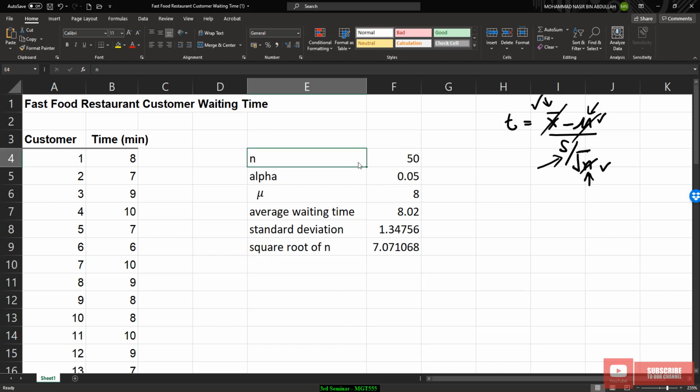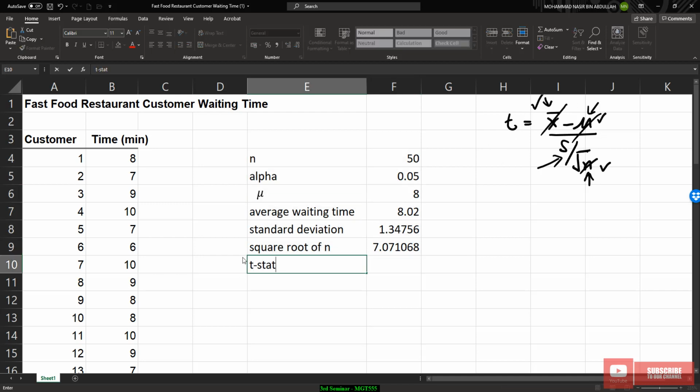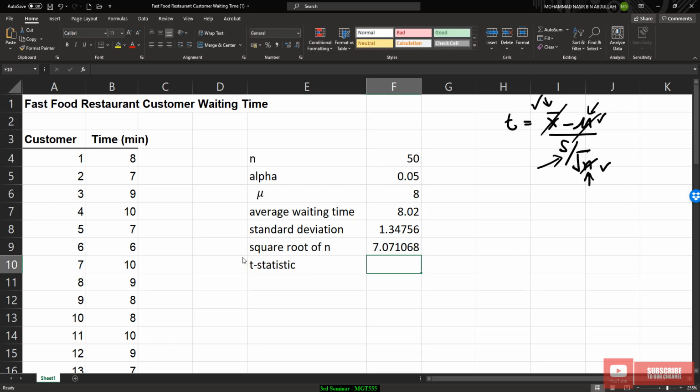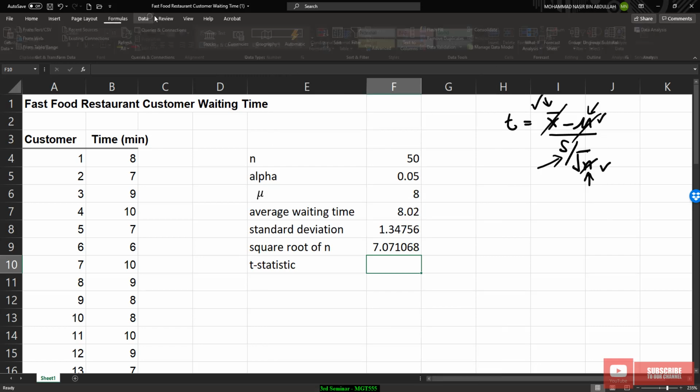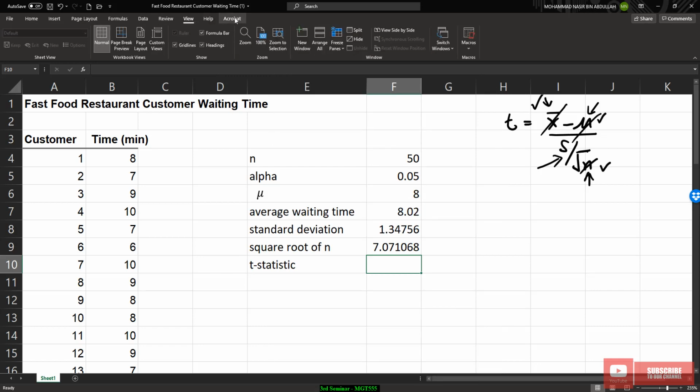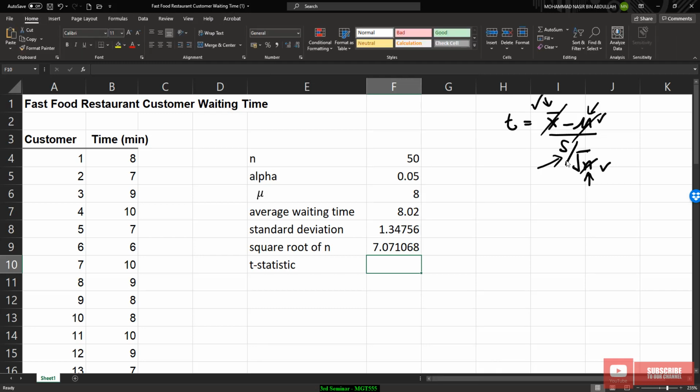Now, since we already have all the values here, we can calculate the t value. T statistic.